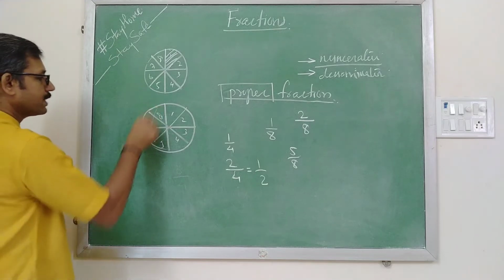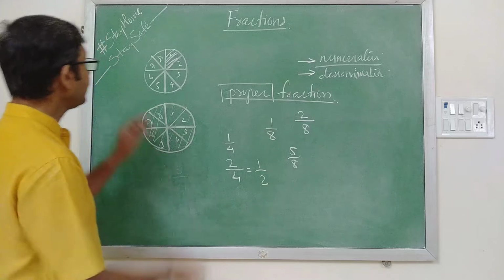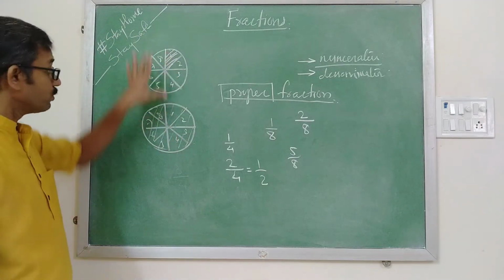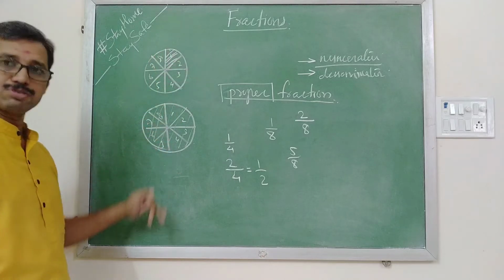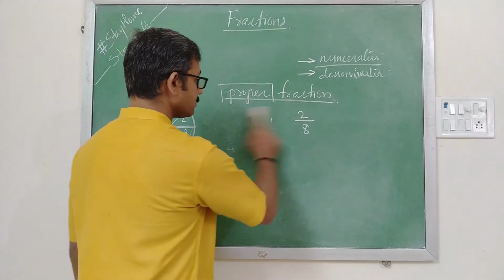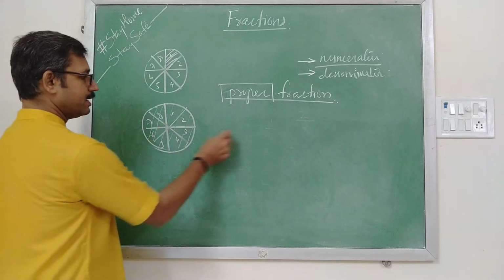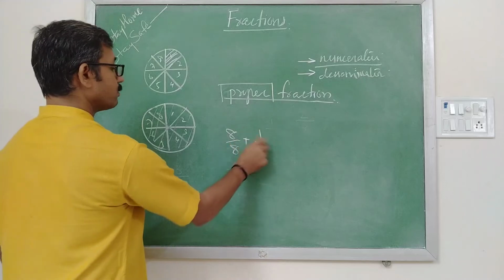I am going to take the whole part here, and from here one part. You must understand these are the same, and the division is also the same. Then how many parts am I taking? From here 8 upon 8, and from here 1 upon 8.